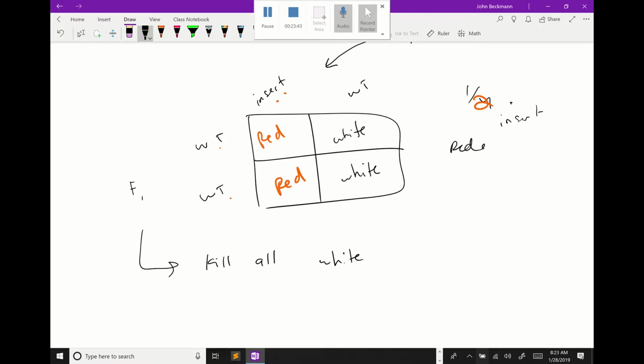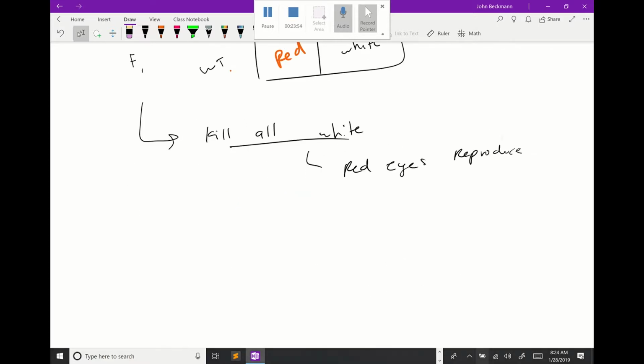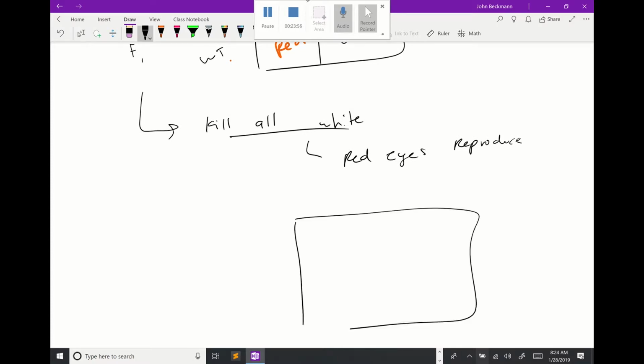Now, in the next generation, you just kill all the whites and you only let the red eyes reproduce. Okay. So then in the next generation, you do the Punnett square again. And now what you have is you're mating a red eye to a red eye. So you have a red, and let's assume it's heterozygous.